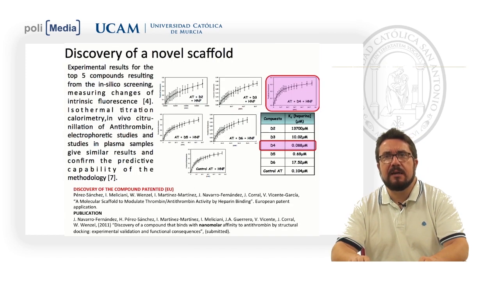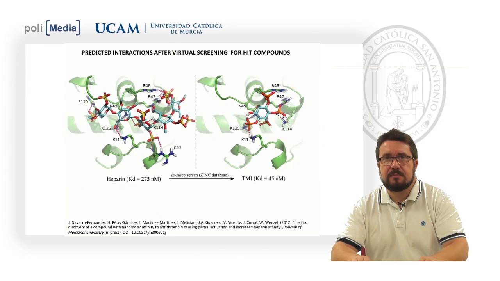So finally, and after some tests using isothermal titration calorimetry and other techniques, we found that this compound called TMI on the right side of the slide had an interaction constant about 5 times stronger than heparin, which was a very interesting result.